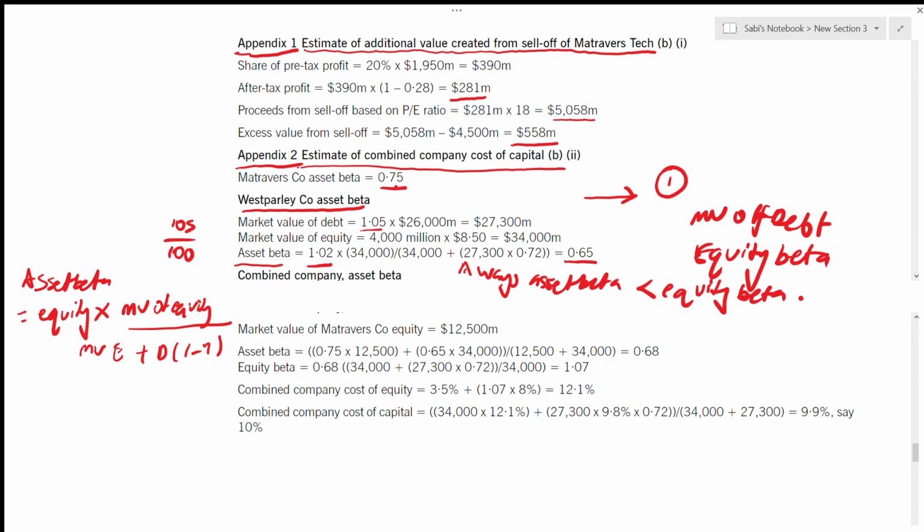Right? Now let's go to the final part. You have the asset beta of both the companies. One has been given to you, one you have calculated. Now you can find the combined company's asset beta. So to find the combined company's asset beta, what do you need?